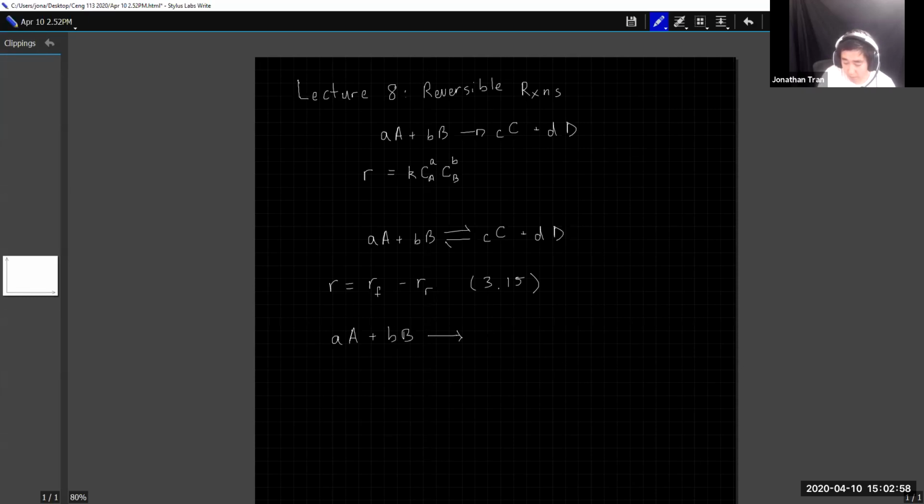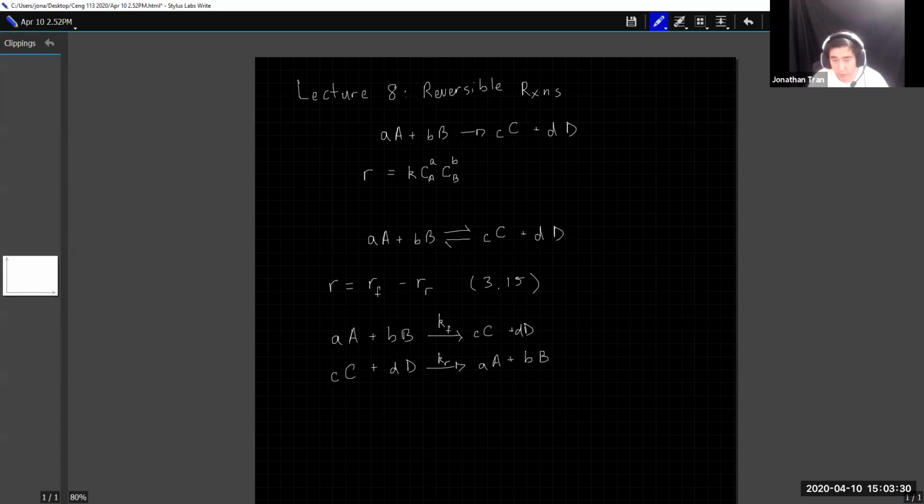So A and B react to form C and D. And I could also write a reverse reaction that's going to look like C and D react to form A and B. Independent from each other, each of these has its own rate constant that I'm going to label as k_f and k_r for forward and reverse.